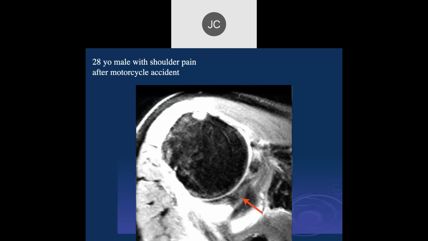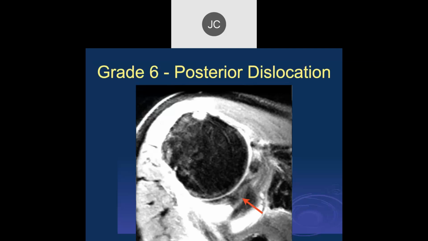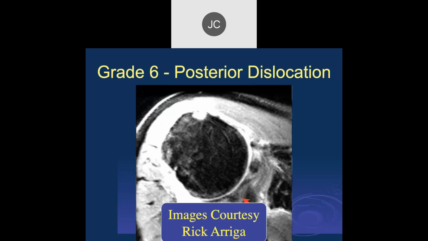Posterior? Not subluxed. No, the word is dislocated. Yeah, so this is what our criteria would call a grade 6. This is a posterior dislocation, pretty rare event, and typically it takes a high level of trauma, in this case a motorcycle accident, to do it. Okay.